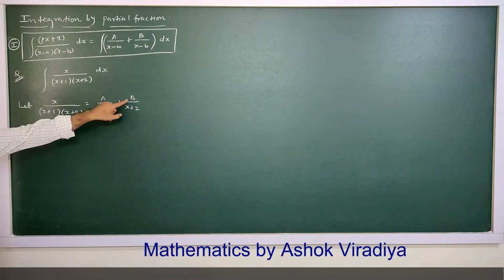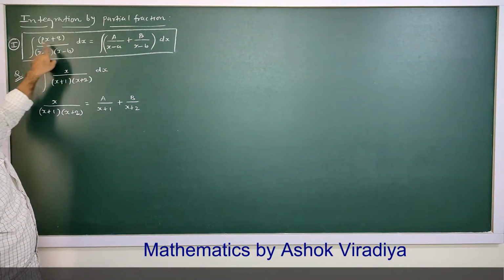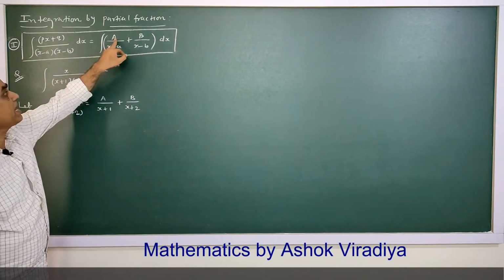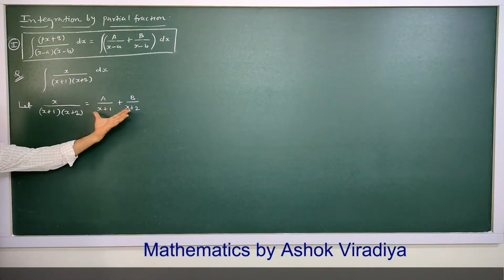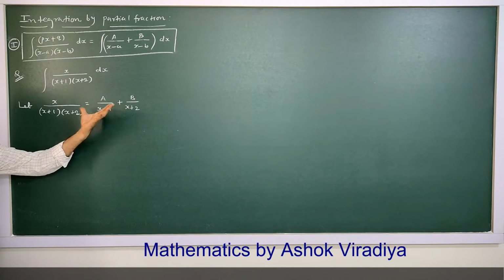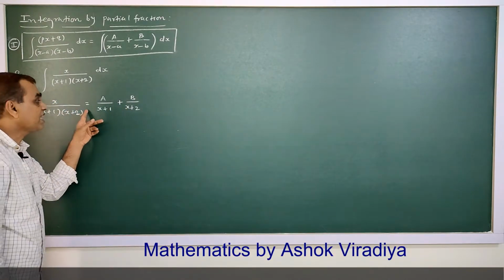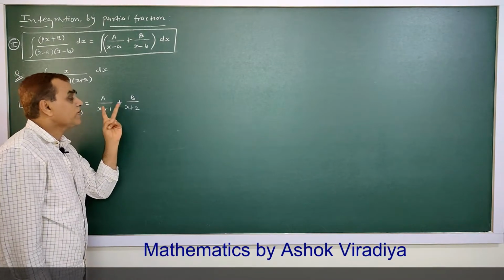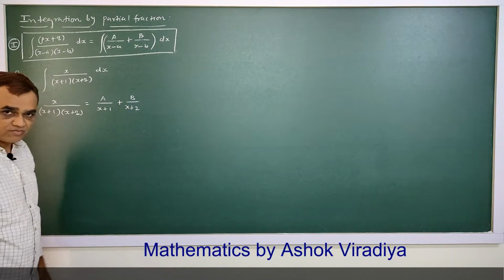On the right hand side, both numerators are constants. Here it is x, but don't keep any term with x in the numerator. So this can be separated. So this proper rational function can be converted as a sum of two rational functions. So these are partial fractions.